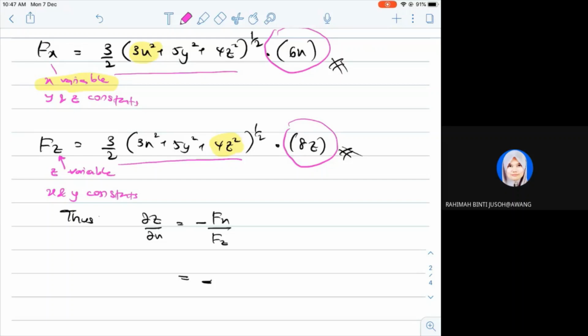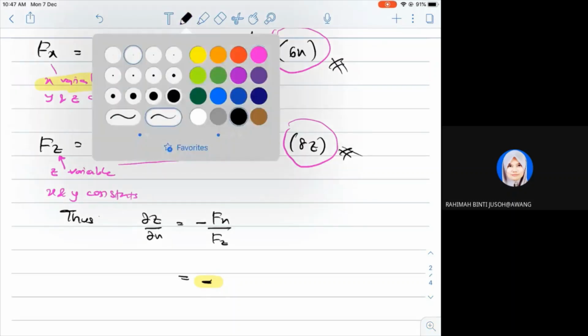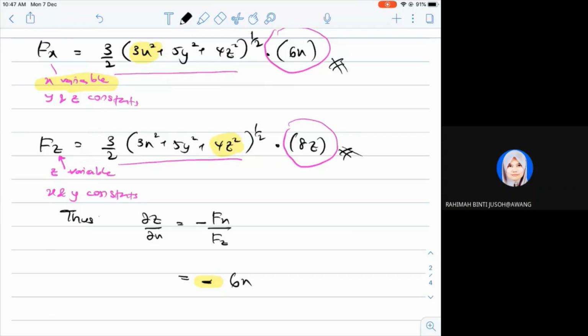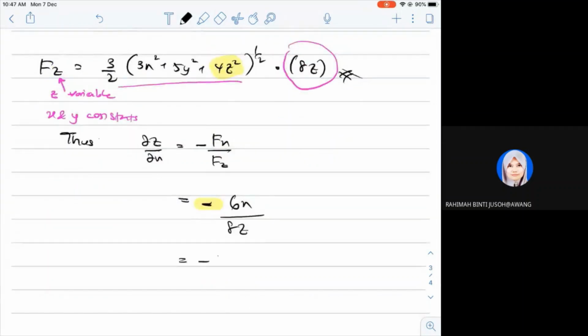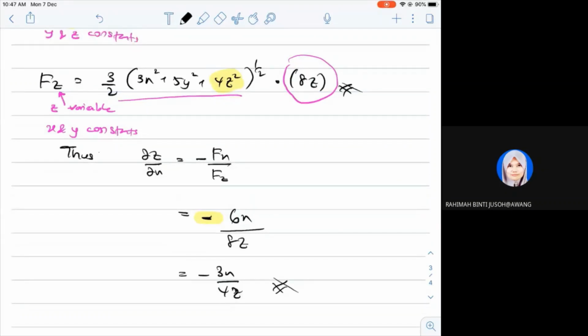Don't forget to put the negative sign here because the formula has a negative in front. Then we just copy 6x divided by 8z. So finally we have negative 3x over 4z. This is by using the second method.